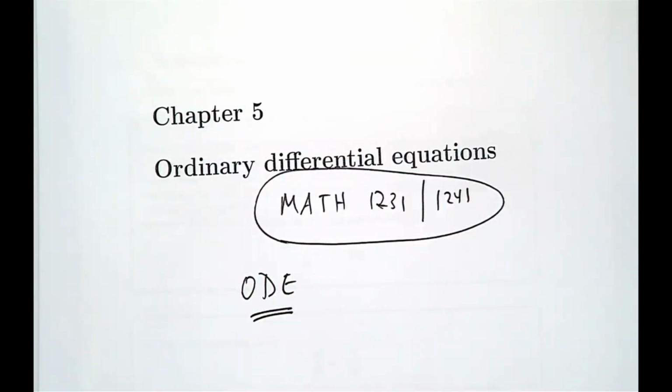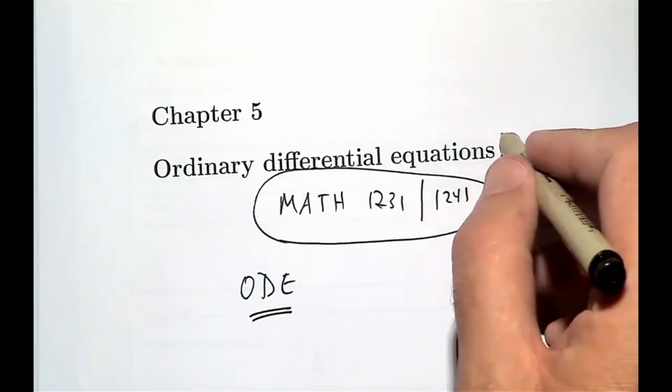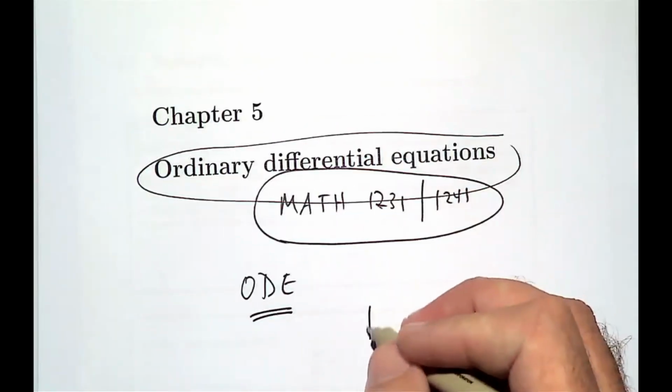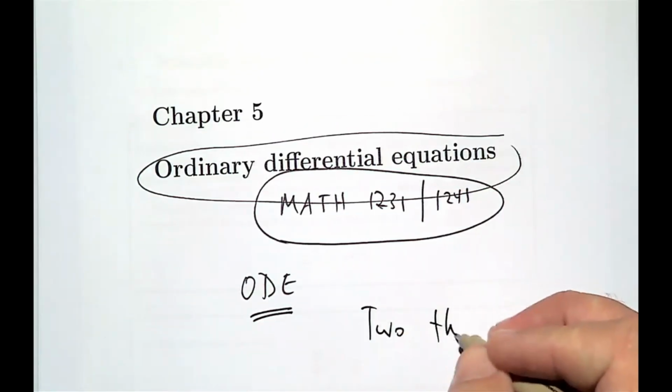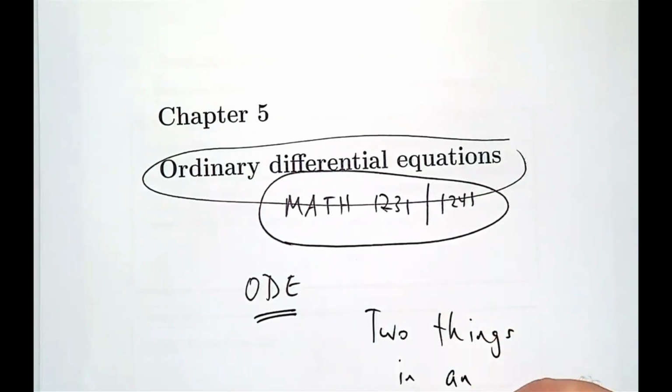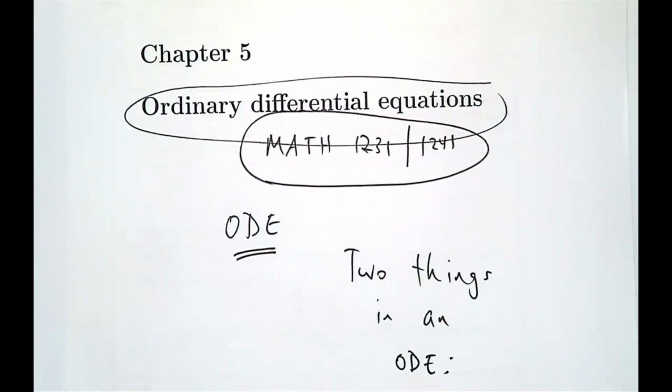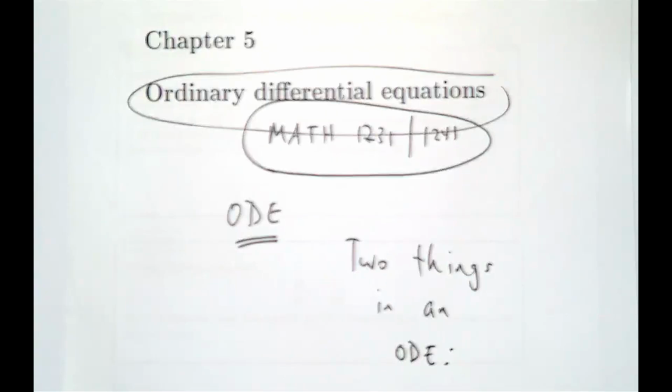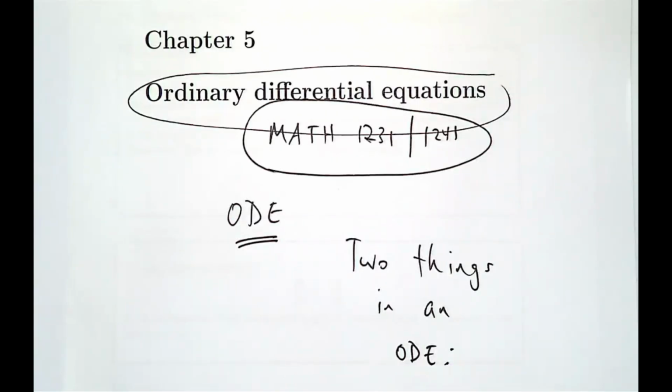Now, ordinary differential equations have two things. At a super basic level, there are two things in an ODE.